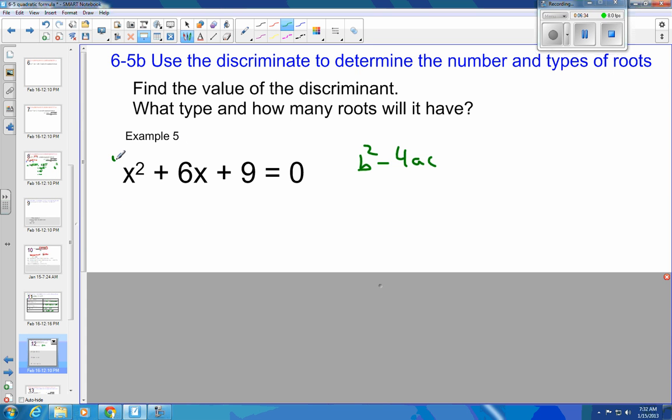So remember a, b, c. So b squared would be 36 minus 4 times 1 times 9. And so this is going to be 36 minus 36, or 0.